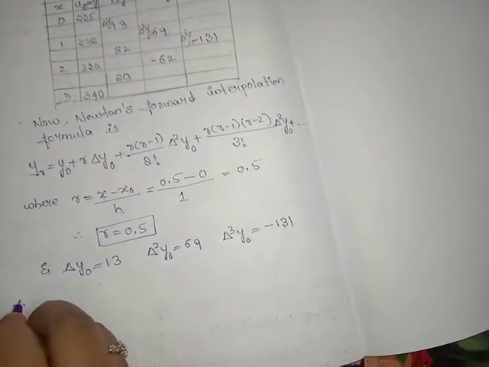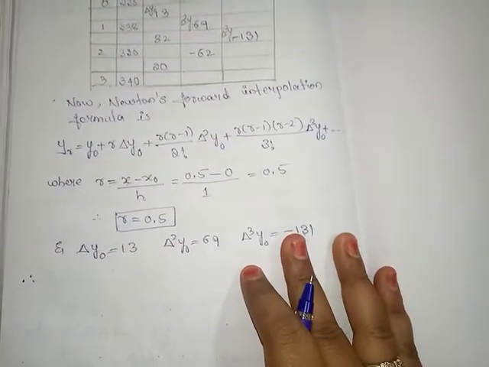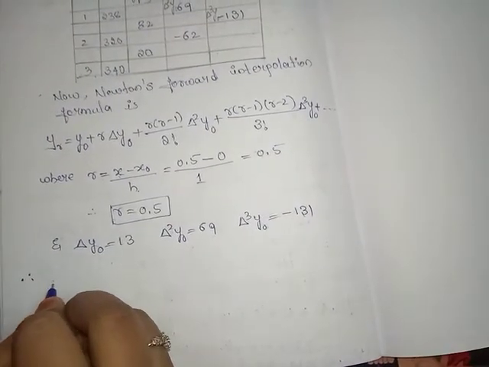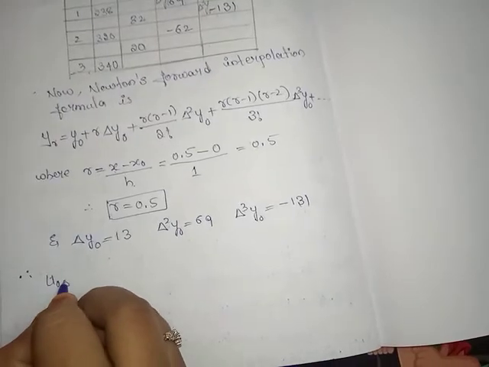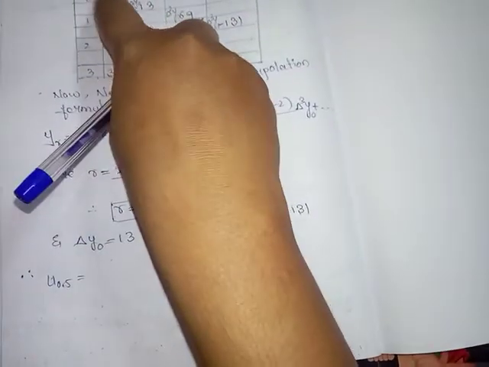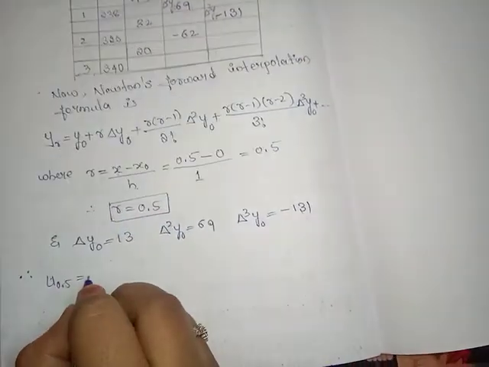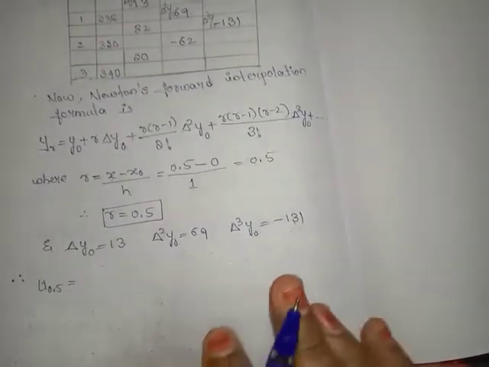Now substitute all these values in the general formula. We get y at 0.5. We know that y is equal to f of x.